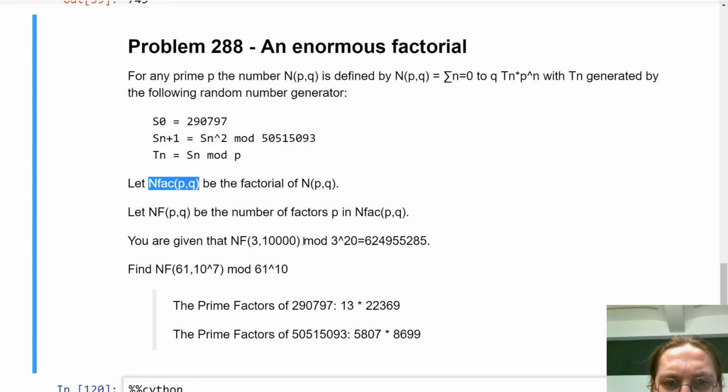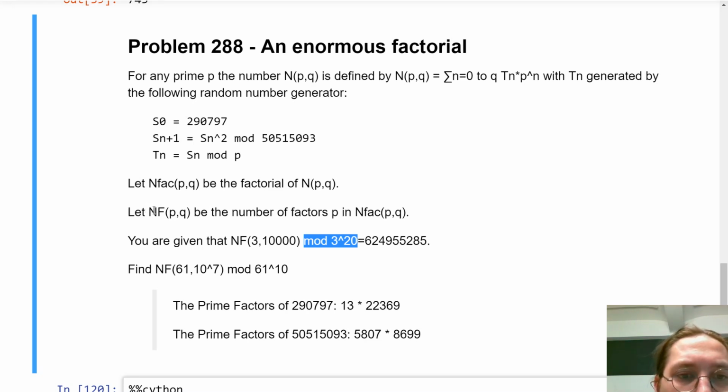The idea is that we only need up to a certain power, so we can mod the intermediaries by 3 to the power of 20 and keep within our integer size, because at the end of the day we don't care about the other stuff, since we're taking mod 3 to the 20 of the number of factors.